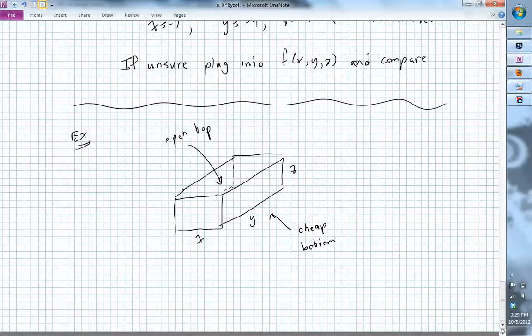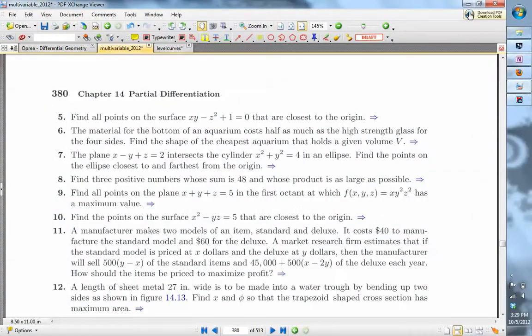The material for the bottom of an aquarium costs half as much. Find the shape of, what's the constraint? Cost is the thing that we're optimizing.